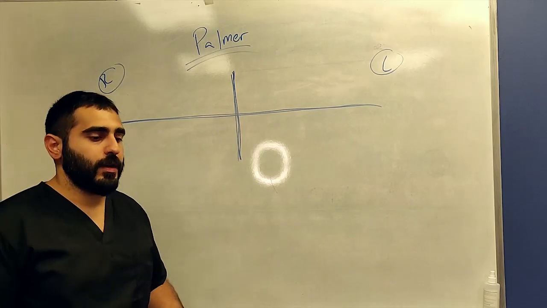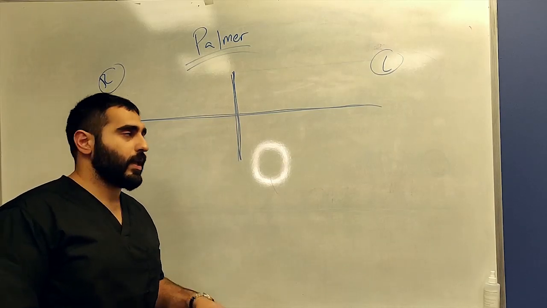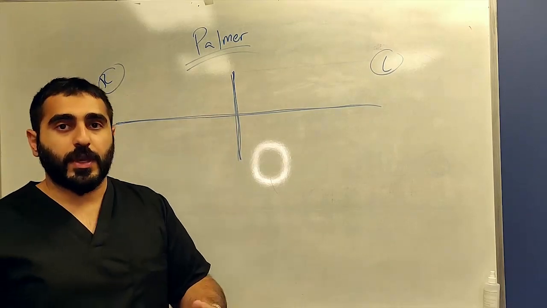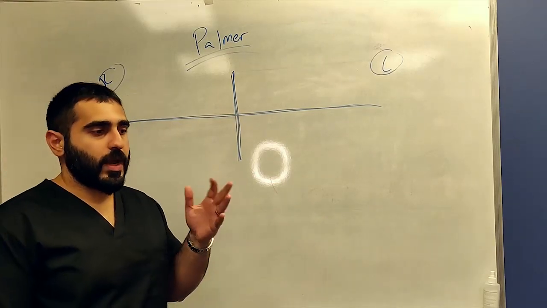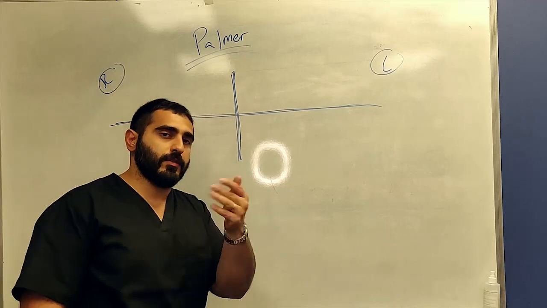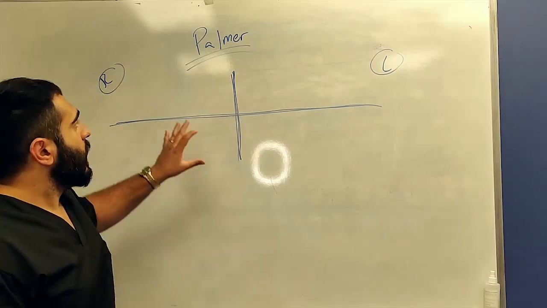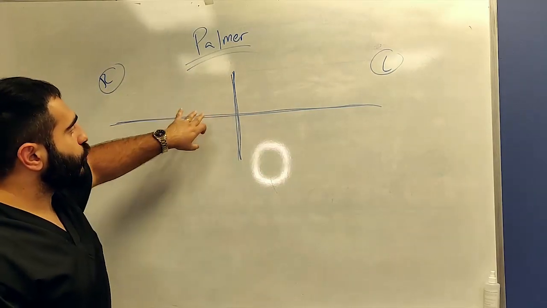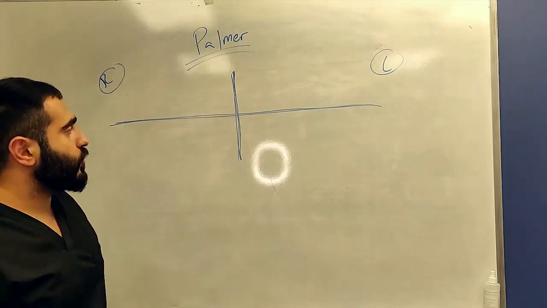Except instead of numbering the quadrants, you know how in the FDI, or the international system, the first quadrant is 1, and then the number given to the tooth, which for the central would be a 1, so it would be 1-1. In the Palmer, you draw the quadrant itself.